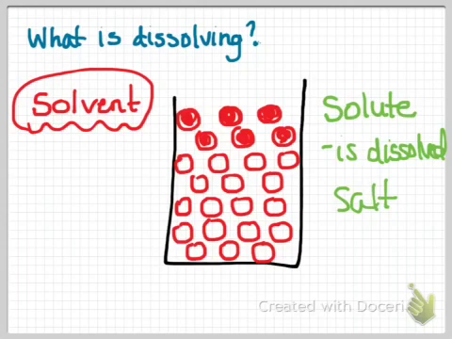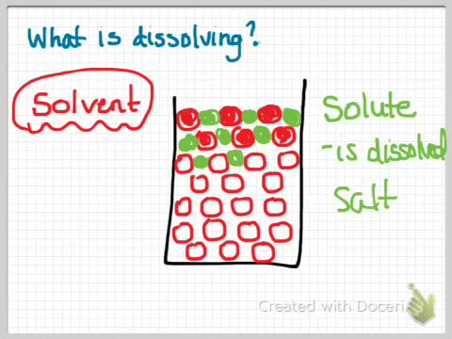We know that when we put salt in water, it is going to disappear, but scientifically speaking, the salt doesn't actually disappear. There is no magic happening where it actually disappears. What's actually happening is the salt particles get broken down, and they end up filling the spaces between the solvent particles, which is water in this case.